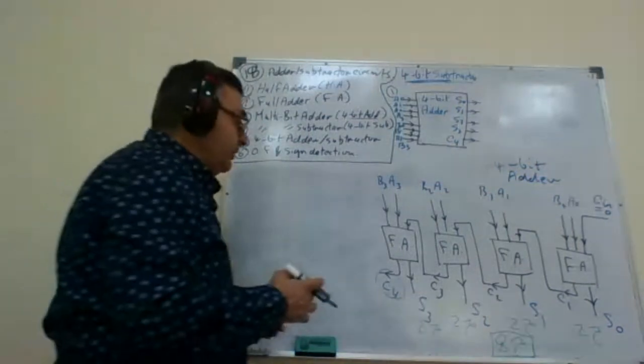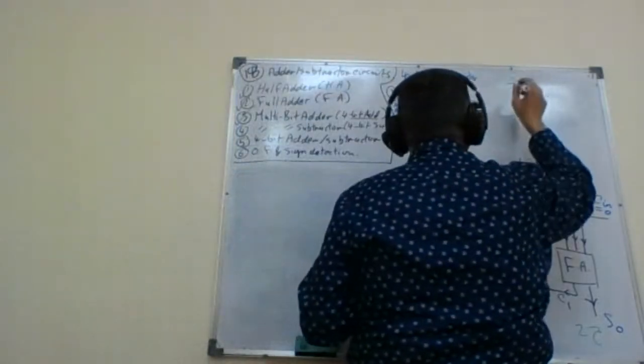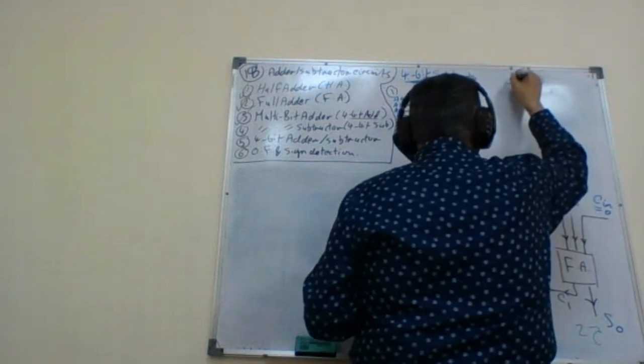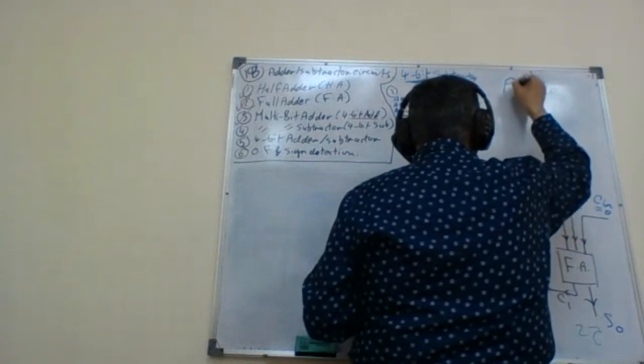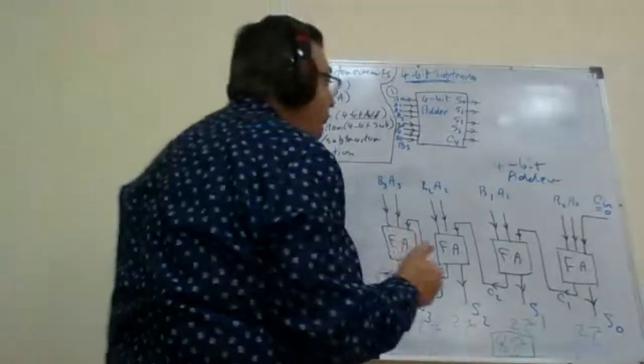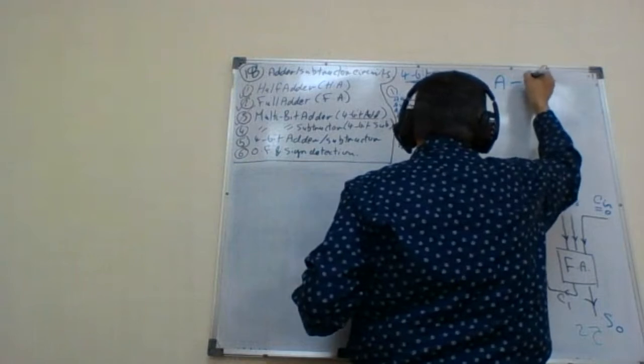So right now I have A minus B. Do you still remember how we did the subtraction in chapter number 1?